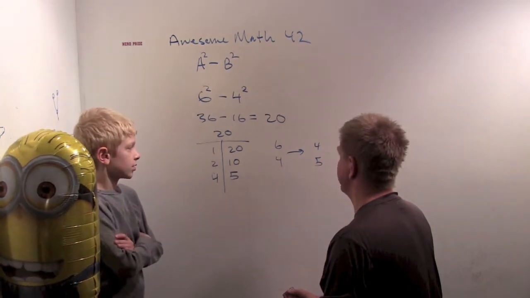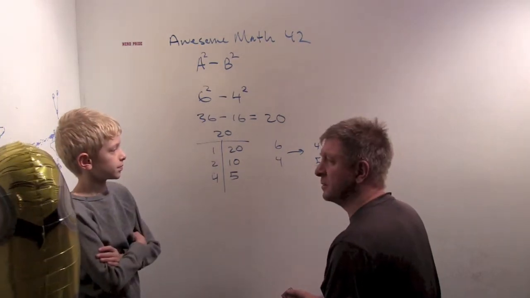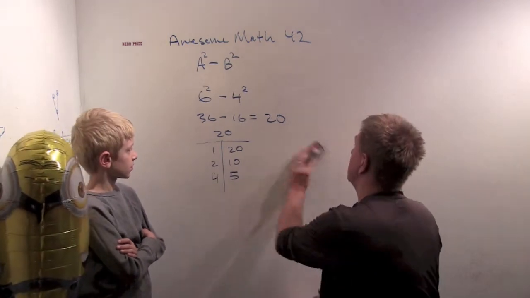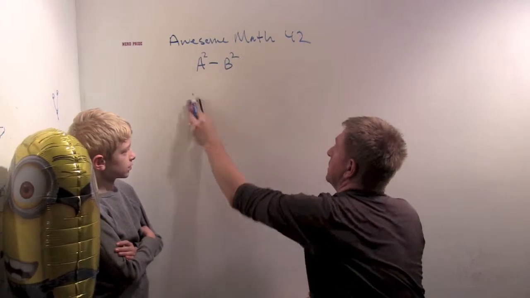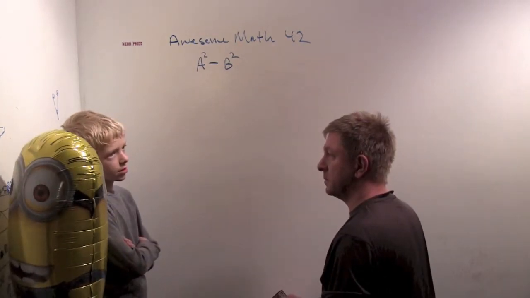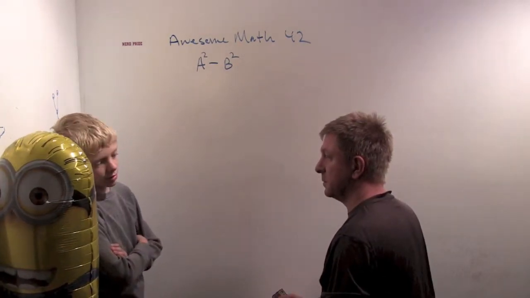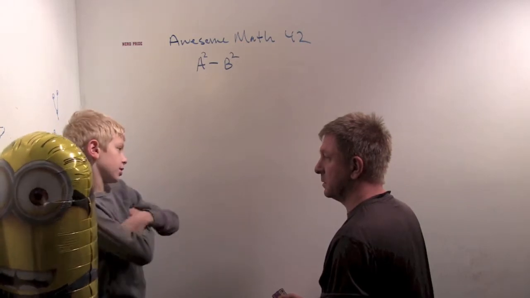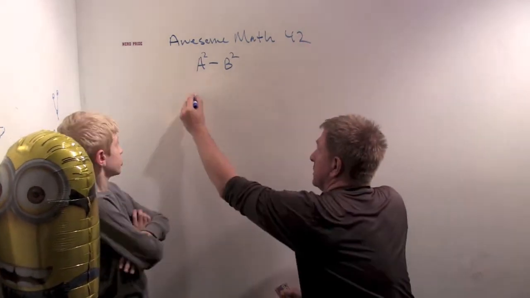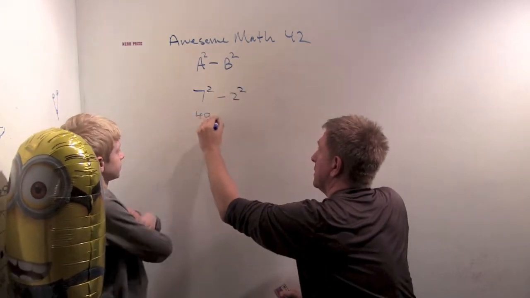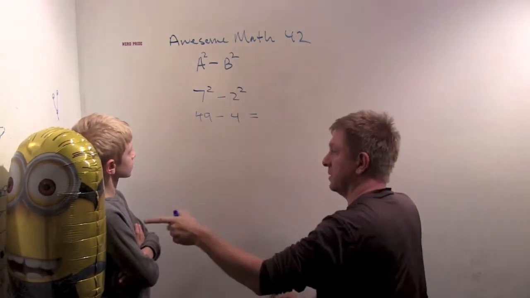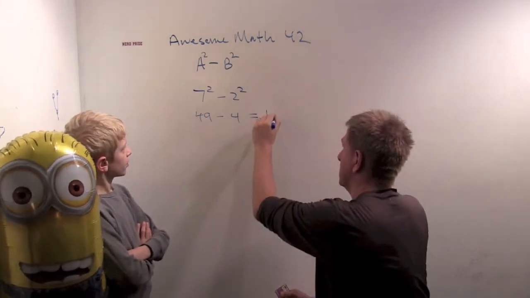Okay. Weird. Let's try another example. Let's try 7 squared and 2 squared. So 49 minus 4, which is 45.